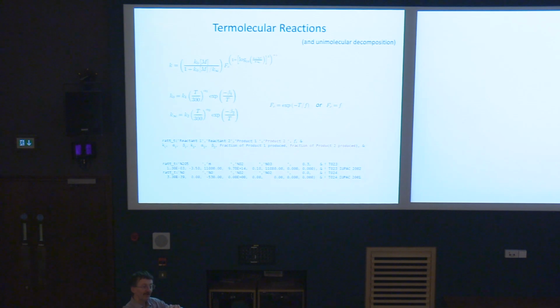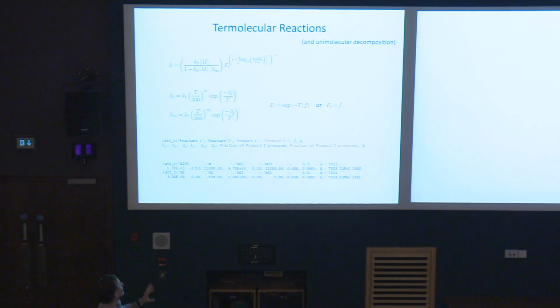So whether the reaction goes or not depends on whether that intermediate collides with another molecule in the meantime. If that does happen, we form the products. If it doesn't, we go back to forming the reactants again. So these are termolecular reactions. Effectively three molecules are involved: two reactants and some third molecule.